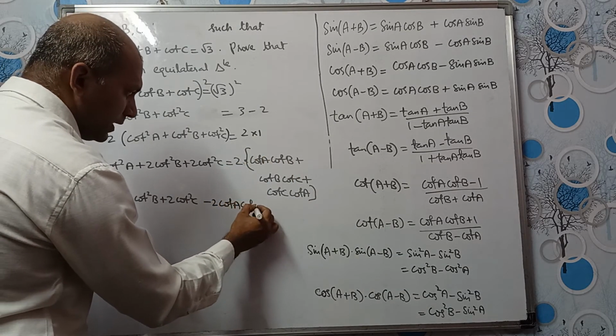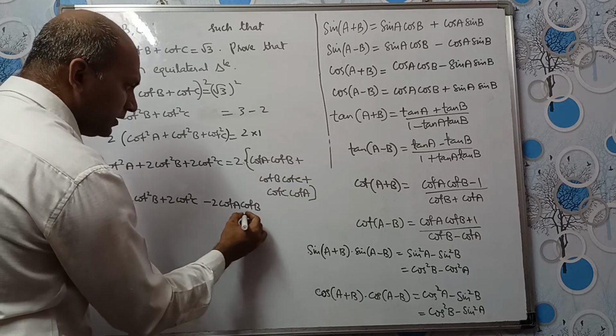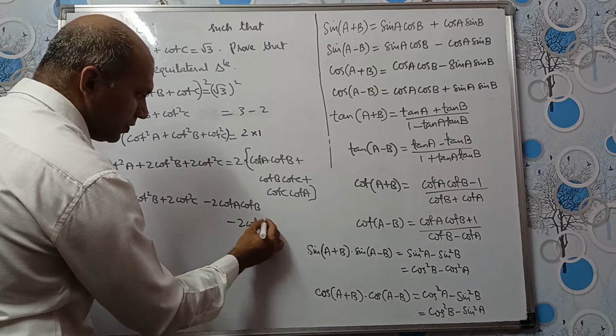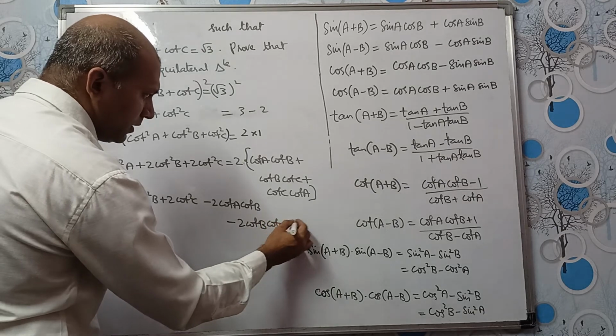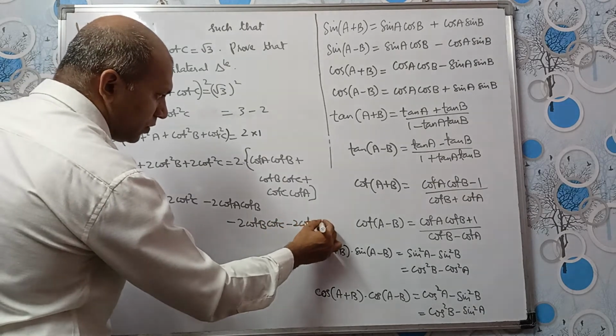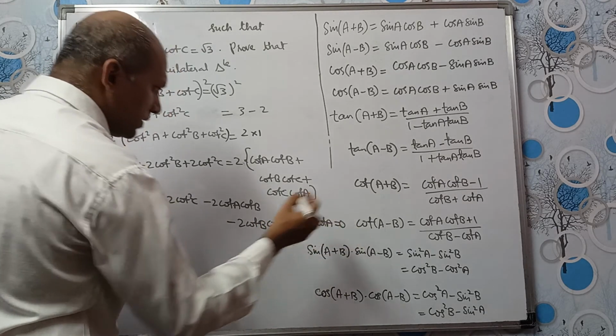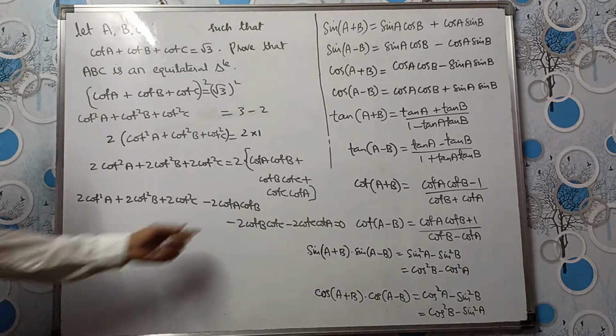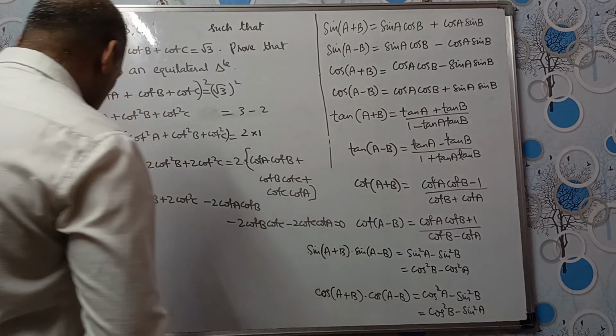Minus 2 cot A cot B, minus 2 cot B cot C, minus 2 cot C cot A is equal to 0, because nothing is left on the RHS now.